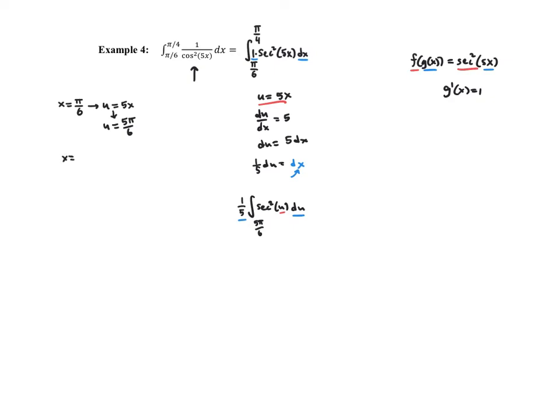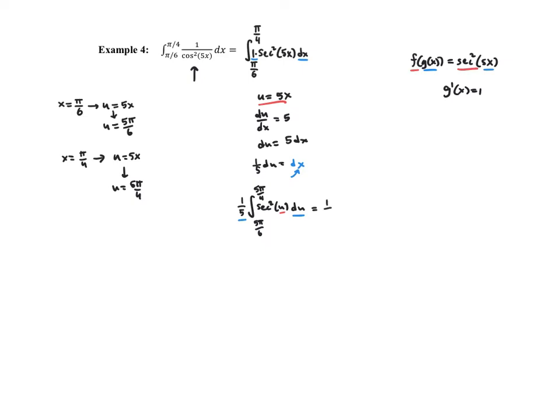And if x equals pi over 4 and u equals 5x, then u equals 5 pi over 4. So now I've got my limits for my new integral in terms of u. Okay, so I can integrate, and then I can use FTC part 1 in the process.